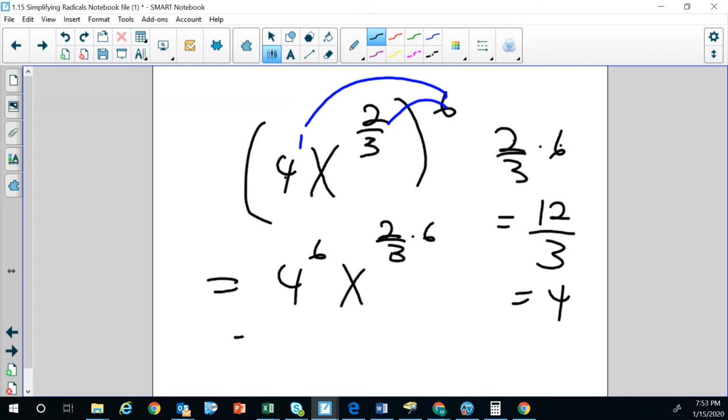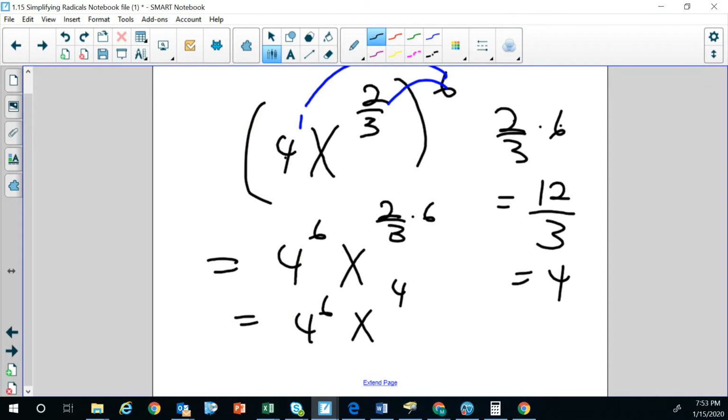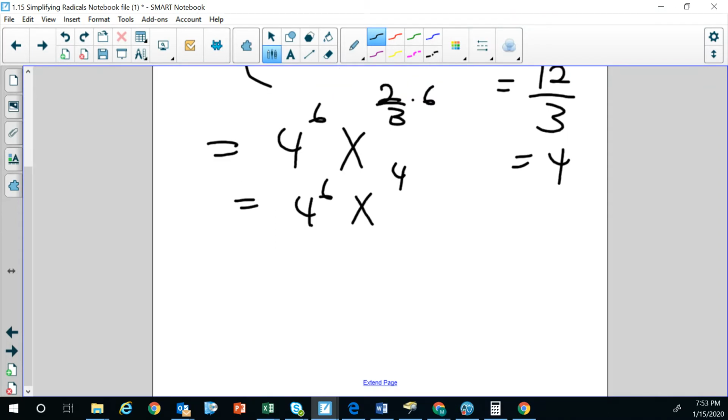So I'm going to get 4 to the 6, x to the 4th power. And we can still simplify this further. We must simplify this part of the expression. 4 to the 6, I don't have a calculator with me right now.